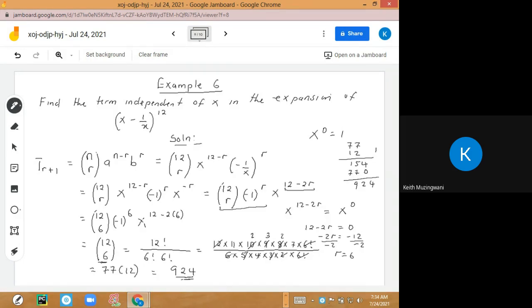So this does not mean that they cannot specify the power of x they want you to find. They can specify.